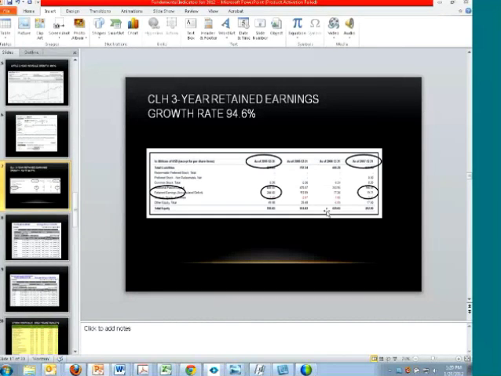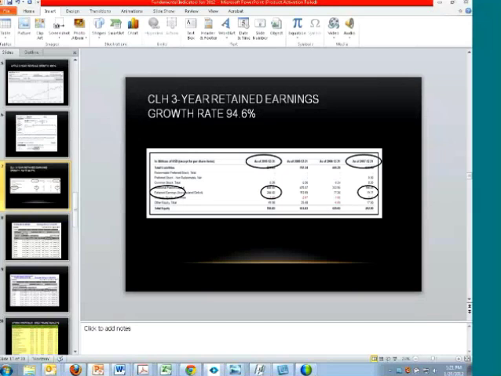And Clean Harbors is growing its retained earnings at around a 94% rate. So I use that again just to verify our other fundamental indicators, just to make sure that the retained earnings are actually growing. And like I say, that takes into account one-time write-offs that earnings figures may not. So it's a good fundamental indicator.